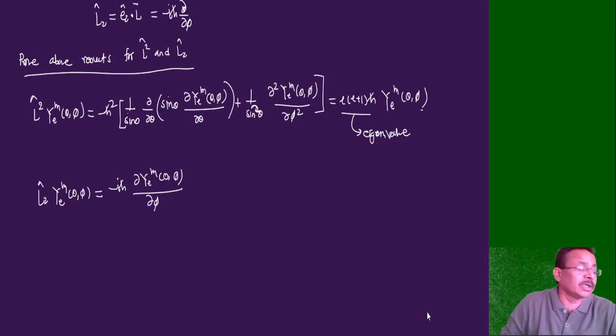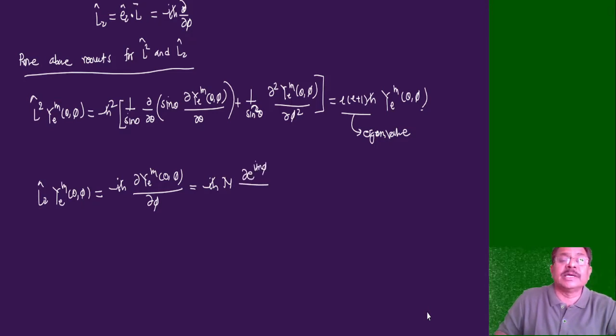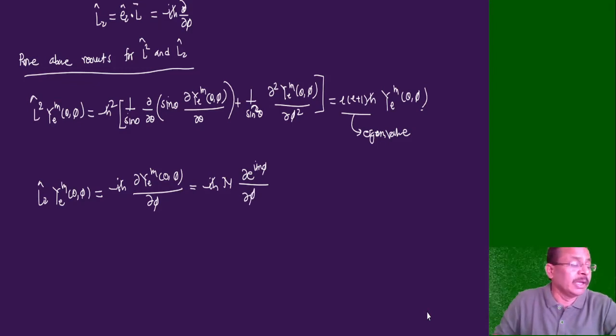This is the Lz operator, and we are not calculating all these things here: i h-cross, then the normalization constant N multiplied by the partial derivative of e to the power i m phi with respect to phi, and now this P_l of cos theta.